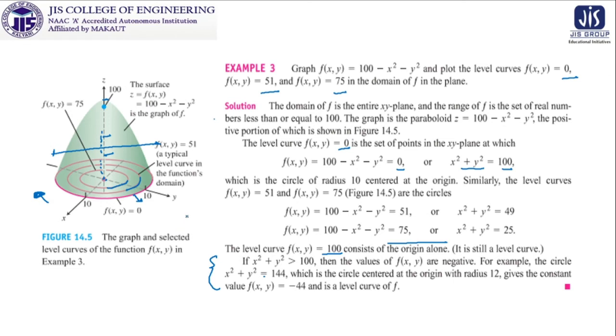That means if you go down from the xy plane, you will get a level curve over here, which is nothing but f(x,y) equal to minus 44. That means if you are going down, it will be containing negative values, but the circle will be growing bigger, because this surface has the tendency to grow bigger and bigger when it is going down.